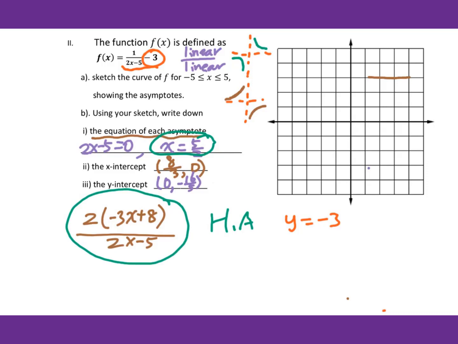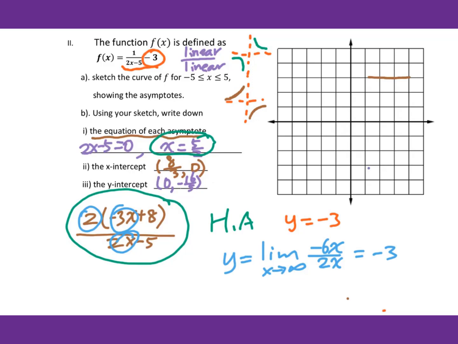We know horizontal asymptote line means limit of the leading term. Leading term to the top, that is negative 6x, because you have 2 and a negative 3x. Denominator is 2x. So after you reduce, you can get negative 3. Y equals negative 3.